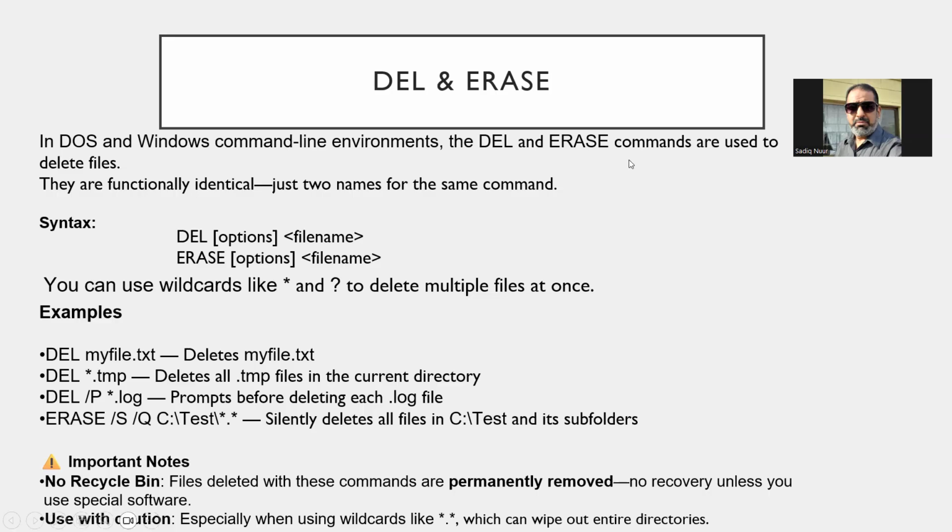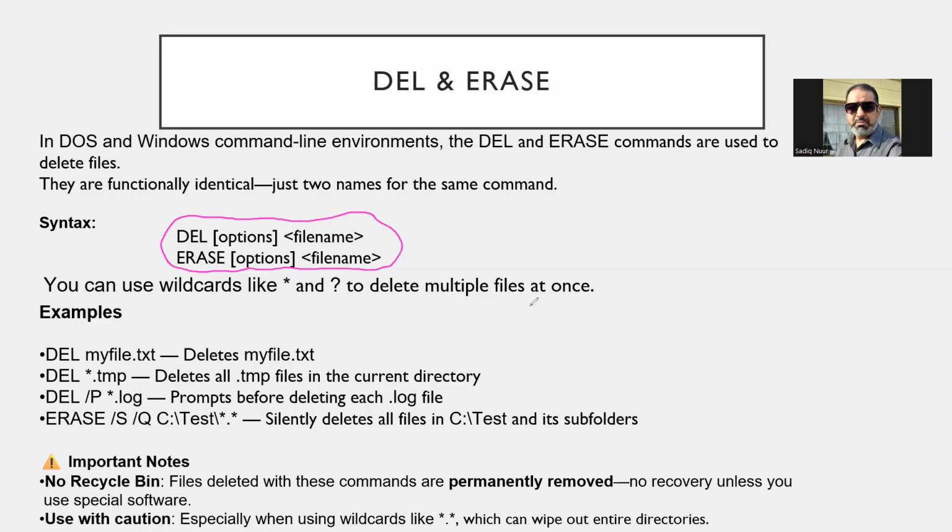As you see here, we have the syntax. You use the command first in the command prompt, then put any options like switches, and then the name of the file that you want to delete, right? You can use wildcards like the star, the asterisk, and the question mark to delete multiple files at once.